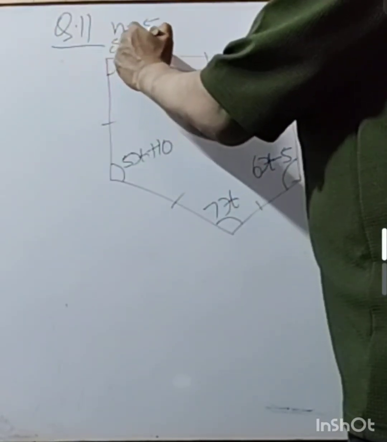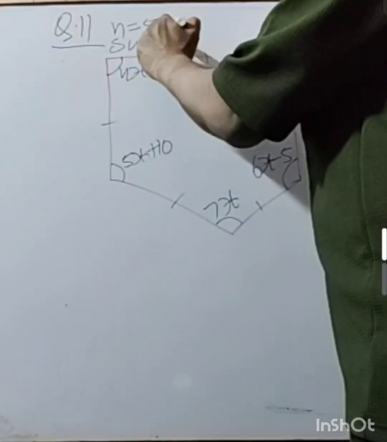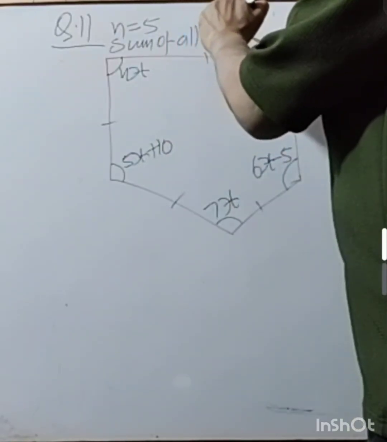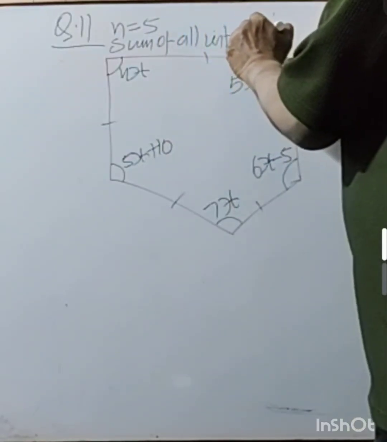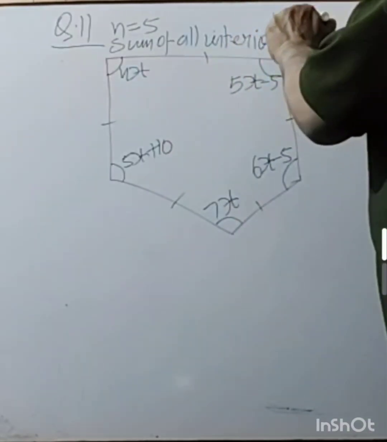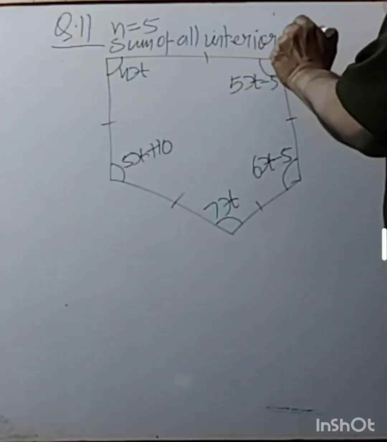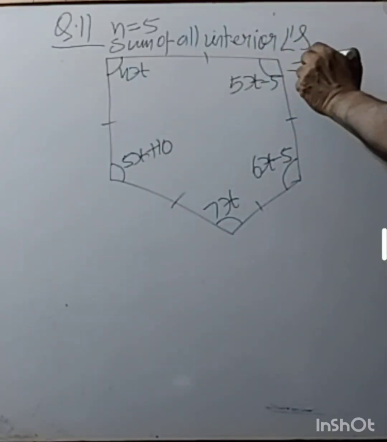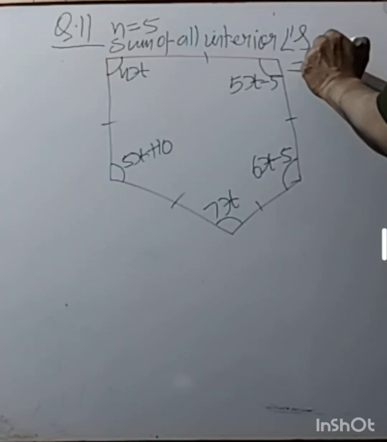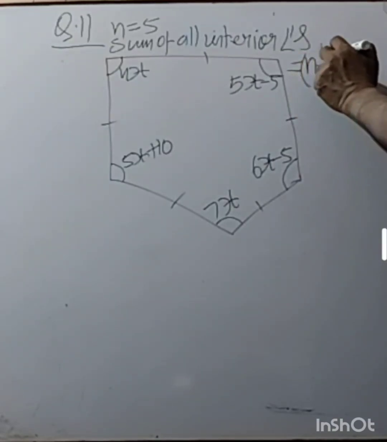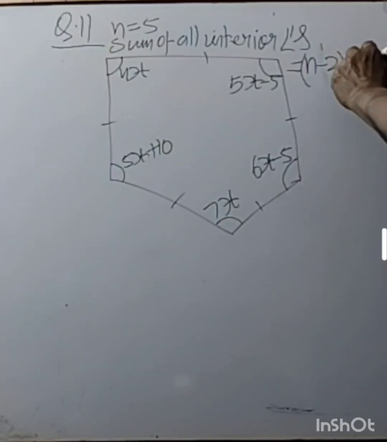So sum of all interior angles is equal to n minus 2 into 180, right?